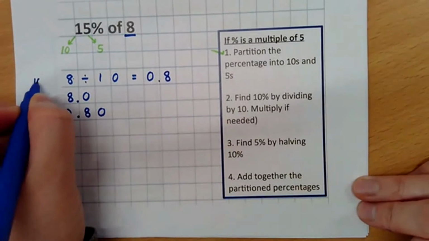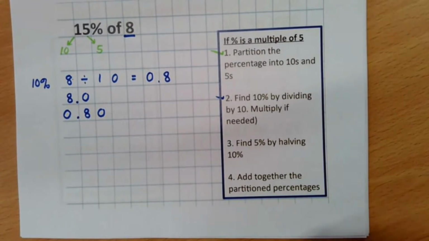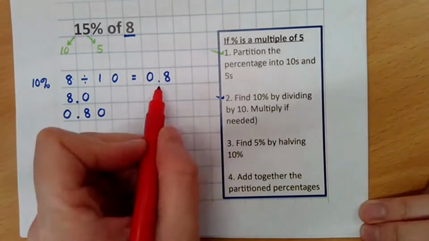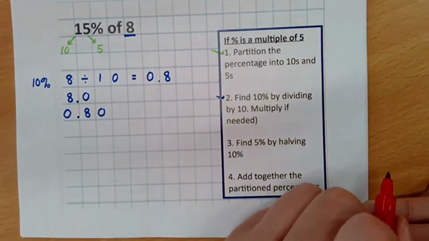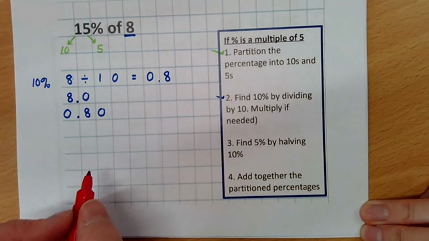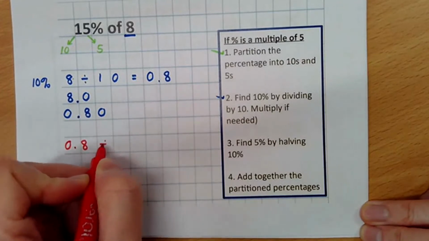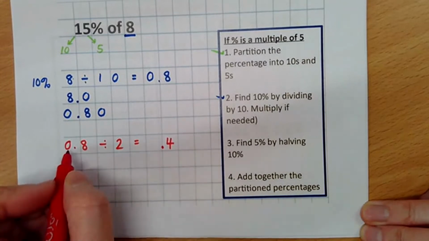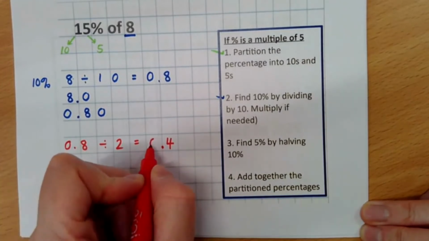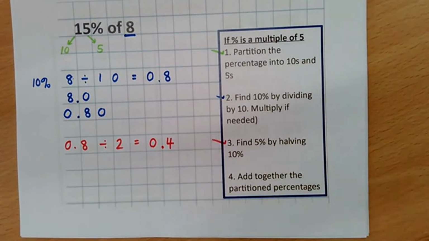Okay, so I found this is my 10%. Now I need to find half. This is quite easy. Half of 0.8 is 0.4. So again, I can use my bus stop method, but I know that half of 8 equals 4, and then half of 0 equals 0, so 0.4. Now I'm going to add these together.